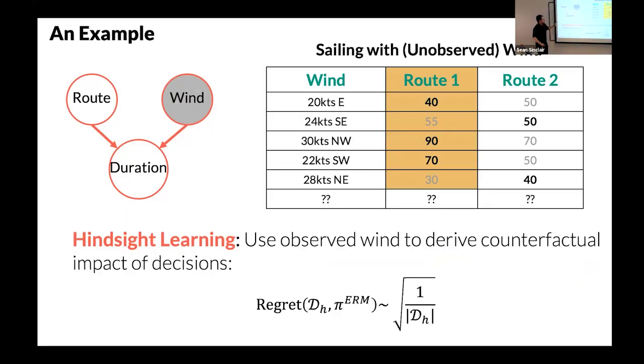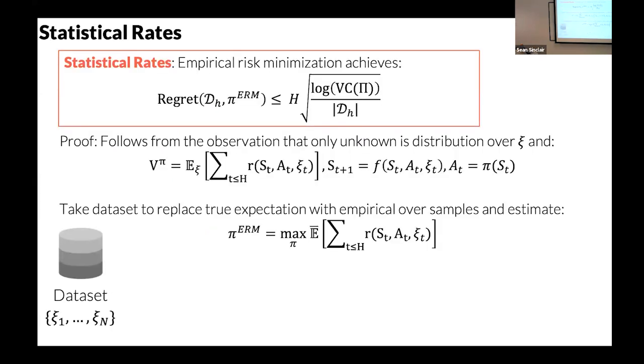And you can show with this that actually the performance guarantee does not depend on the number of routes that you have available. It somehow just scales as 1 over the size of the data set in a hand wavy sense. Great. And so this proof is not a full proof. Really the reason that this works is that for these types of problems, you can write the performance of an algorithm in terms of an expectation over a single random variable, which is the jobs that you have in the future, or the wind that you have in the future, or the demand that you have in the future, and so on.